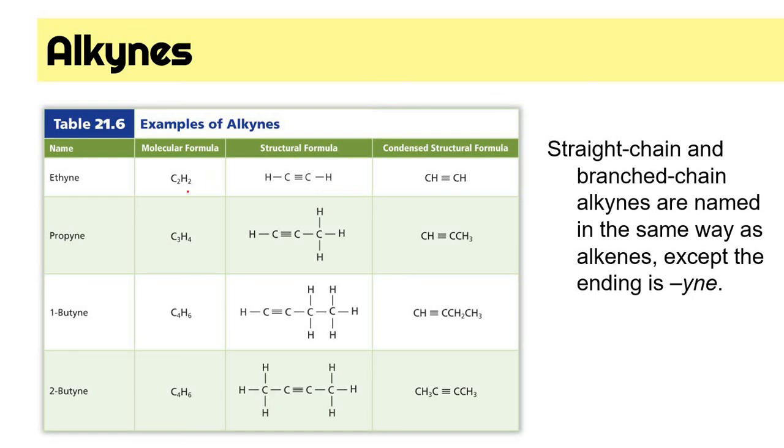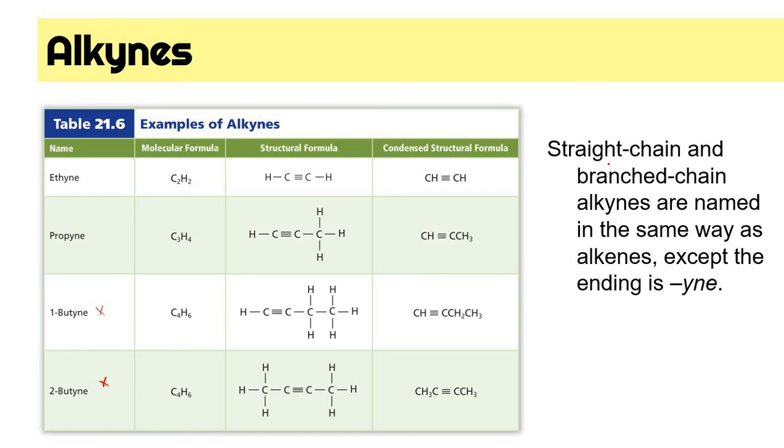So these are examples: ethyne, propyne, butyne, 2-butyne. You can see that there's a numbering here, but you will learn it later. This is also an old version of naming, so there's a different way of naming this.